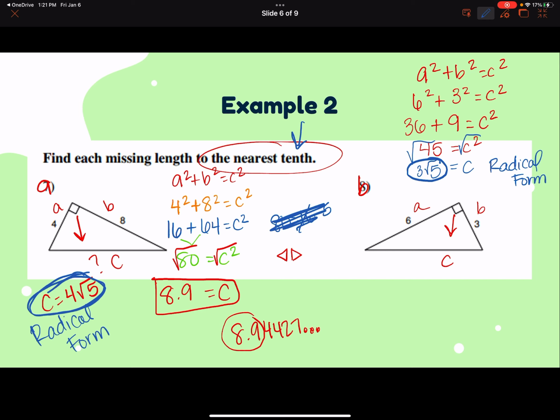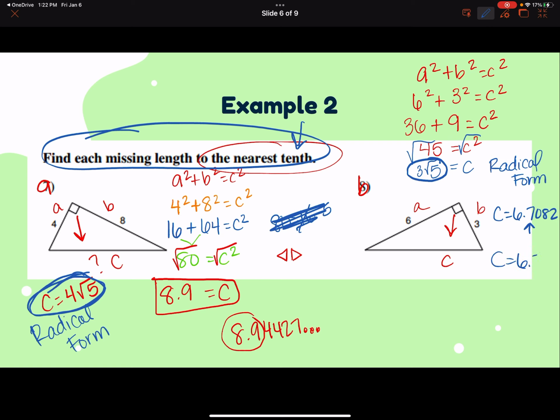If it was asking me to round to the nearest tenth, which is what these directions are asking me to do, then I'm going to hit that button above the enter button. And I'm going to change it to a decimal, which is about, it ends up being 6.7082. But if I want to round to the nearest tenth, that's just that first digit, 6.7.